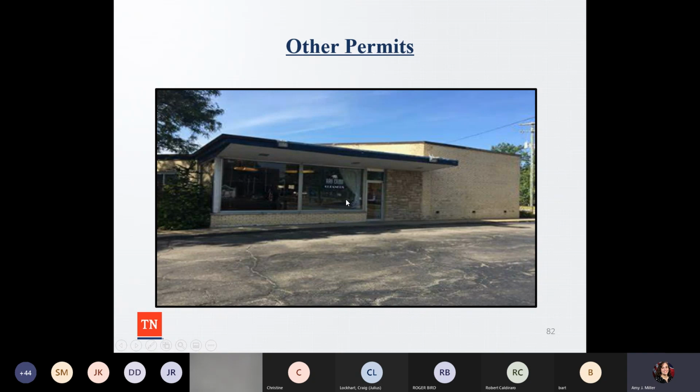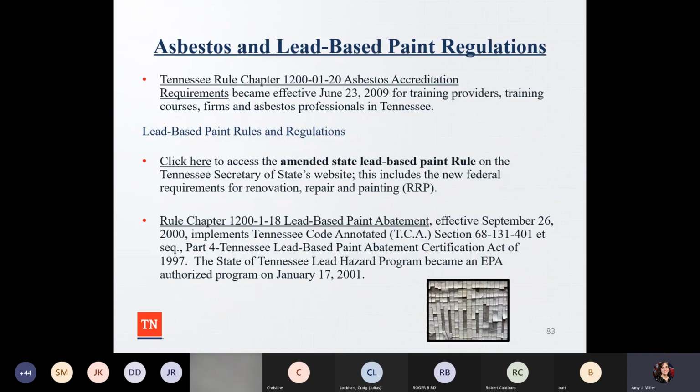So there are some other permits to take into consideration when there's development happening in your community. One we can think about is asbestos and lead-based paint regulations. Tennessee has rule chapter 1200-01-20 asbestos accreditation.